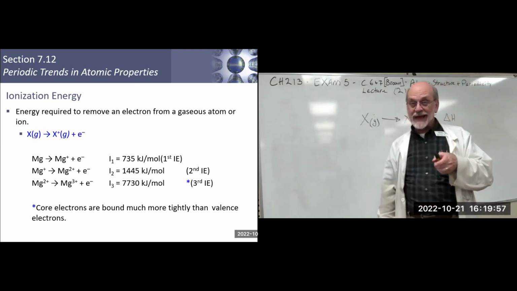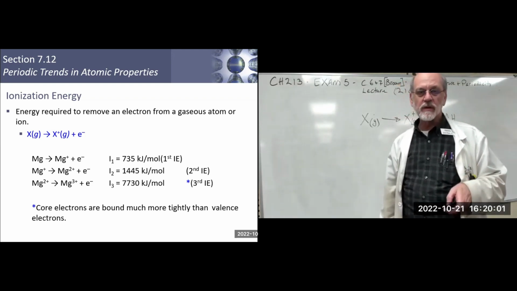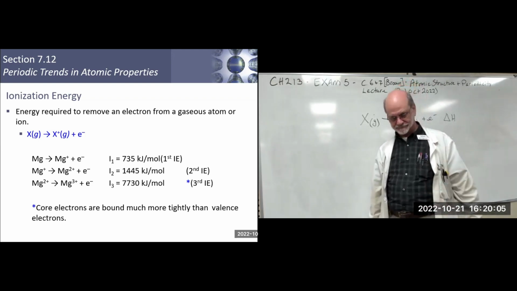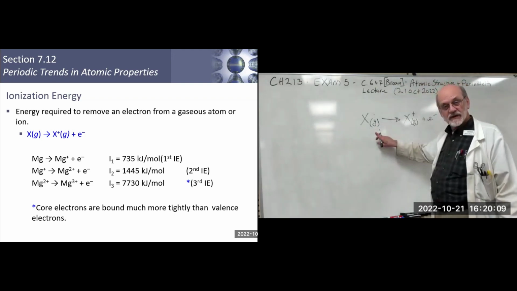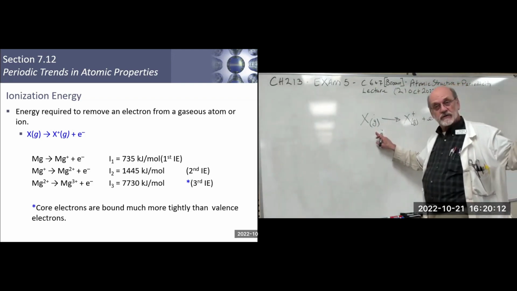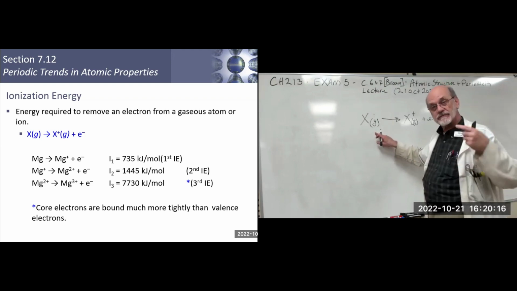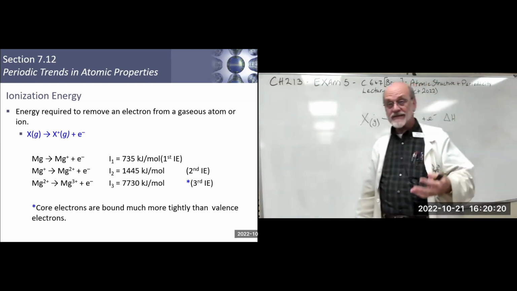The example here is magnesium. Magnesium takes 735 kilojoules per mole for the first ionization energy. And notice that this has to be a gas. Magnesium at room temperature and pressure is a solid, so you've got to heat it up and make a gas out of it first before you can determine this value.